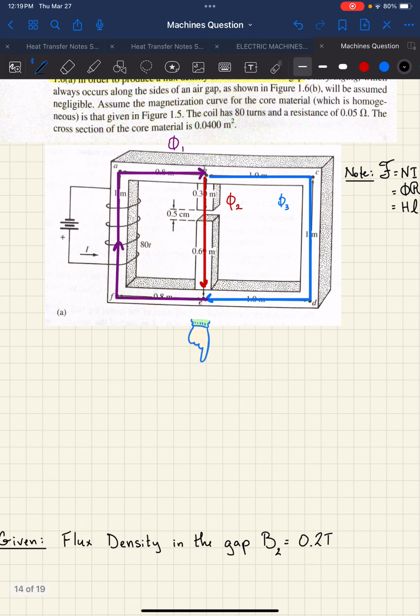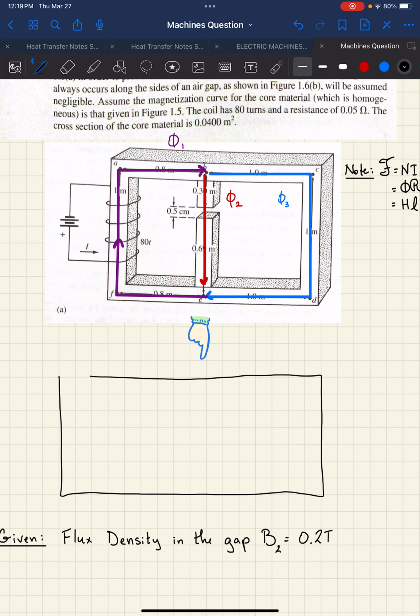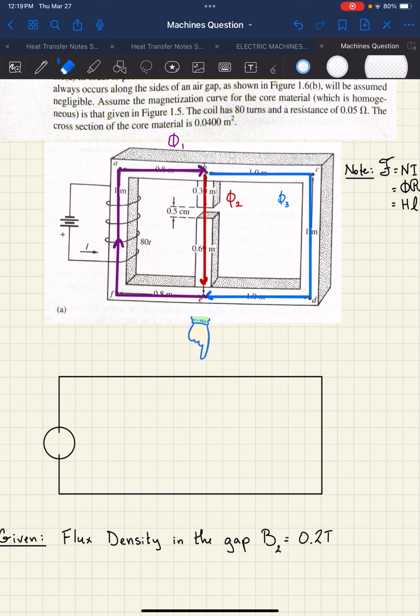So where the flux originates is basically like the battery of the circuit. What I like to do is first draw the outline of the circuit like this, and then I'll fill in all the other pieces in just a moment. So where the flux originates, that's going to be like a battery, basically. And then, of course, we have one leg here, which represents this leg.